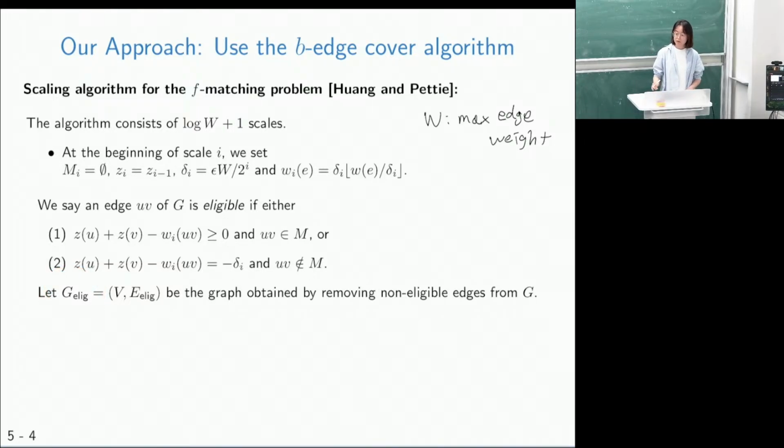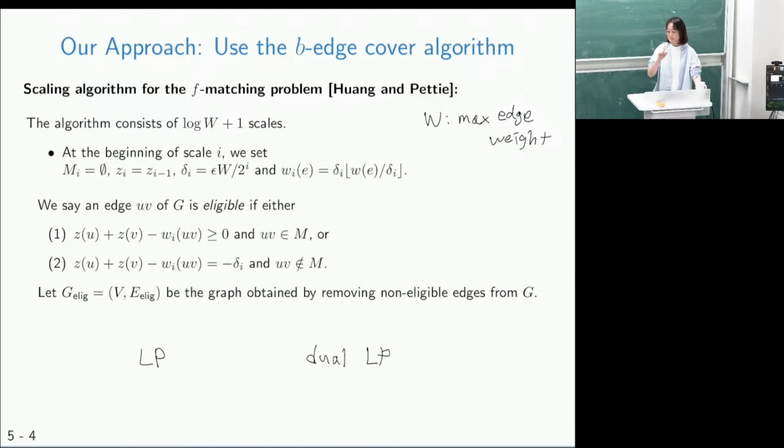Sorry, but what is the intuitive meaning of this Z? You can state this problem as an LP problem, and there is a dual LP. That is the variable in the dual.